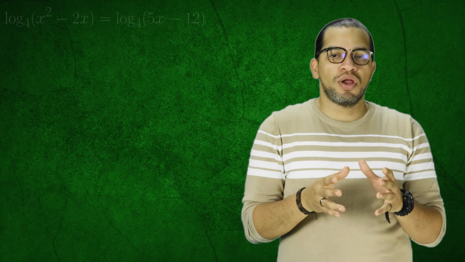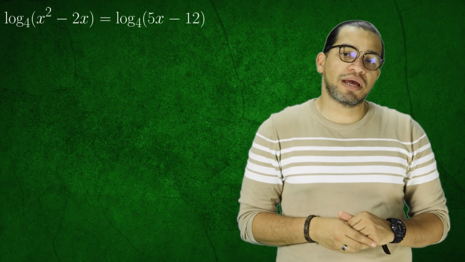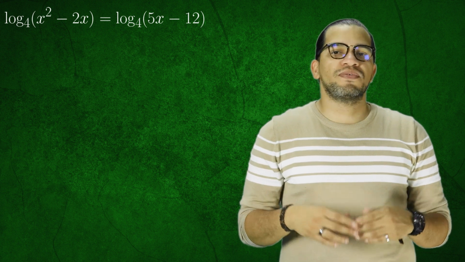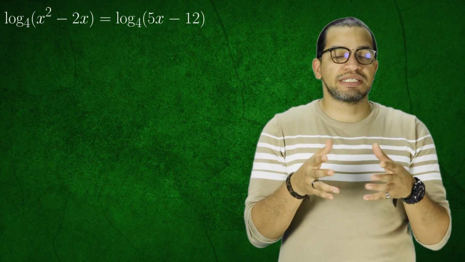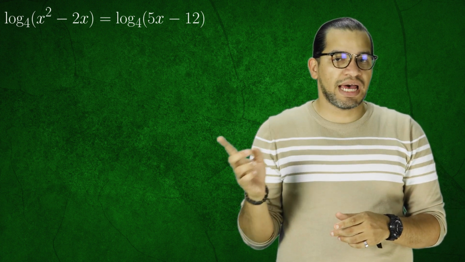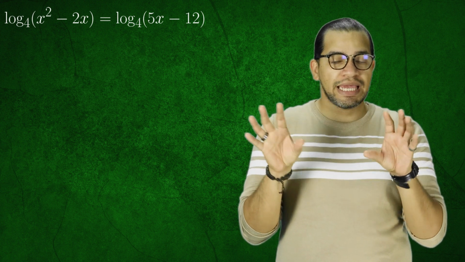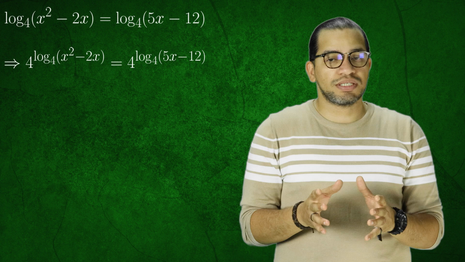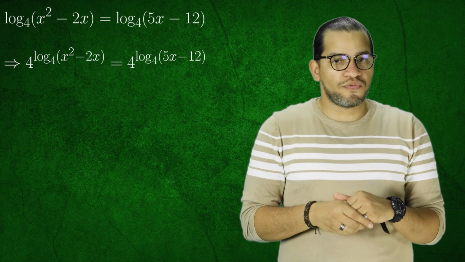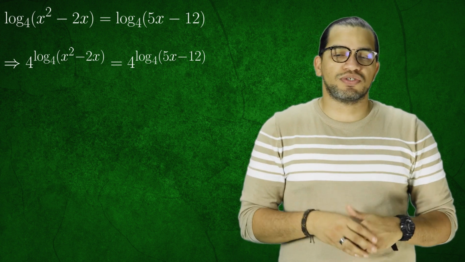by 2. Now, let us take into account our first logarithmic equation provided by log base 4 of x squared minus 2x equal to log base 4 of 5x minus 12. Now, as we have the same base on both sides of the equation, we can take those two expressions as the exponents of 4 because 4 to the x and log base 4 of x are inverse functions.